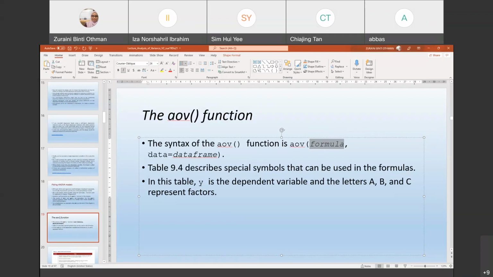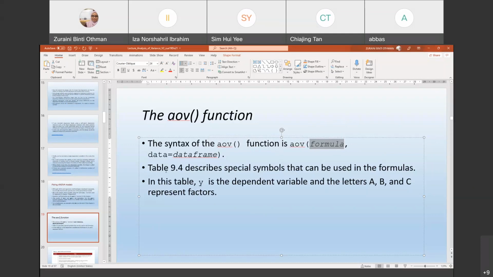Then this is the data, which data frame it comes from. Maybe you have the graduate employability data, and this is the formula for graduate employability depending on the independent factors that you have.